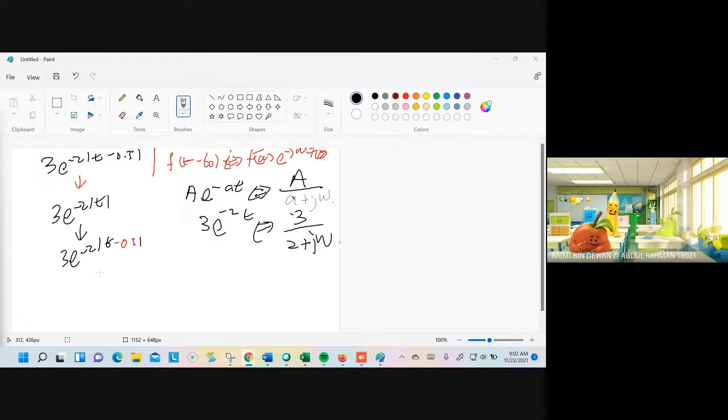When you have the shifting, you just need to do... Is there anything I missed? A plus j omega, any different?